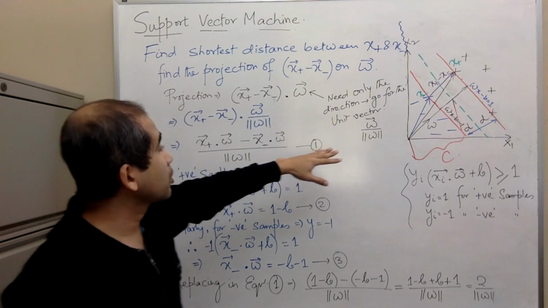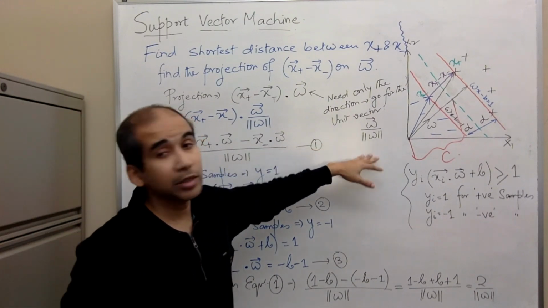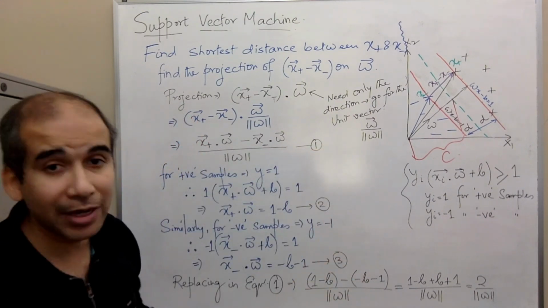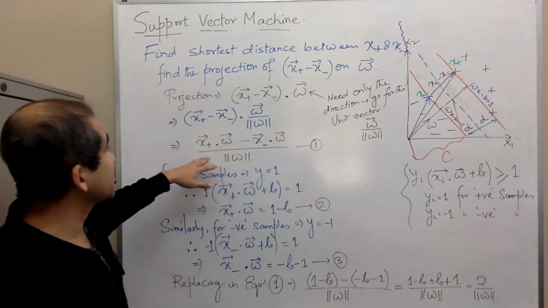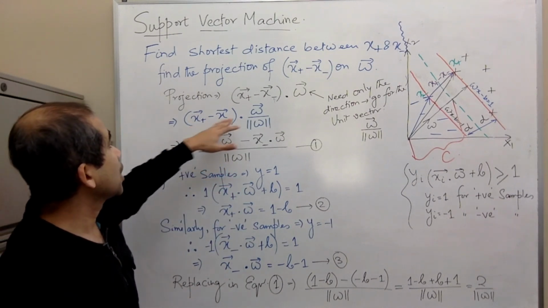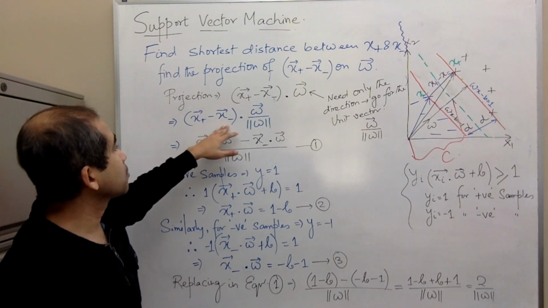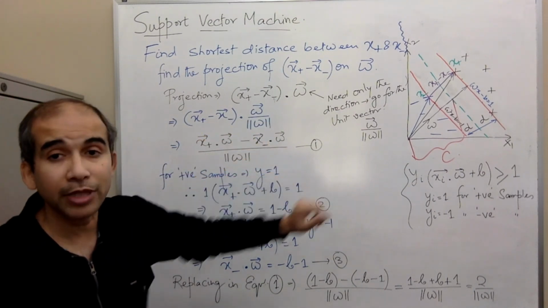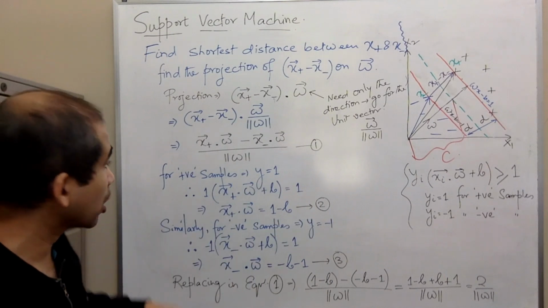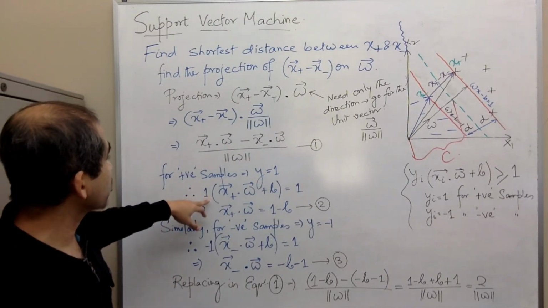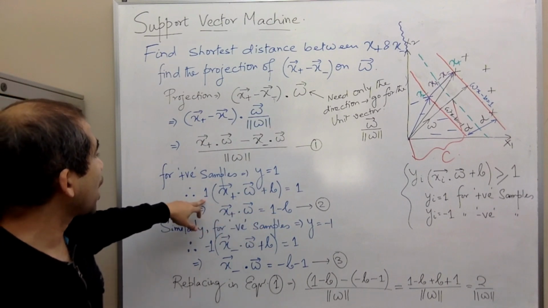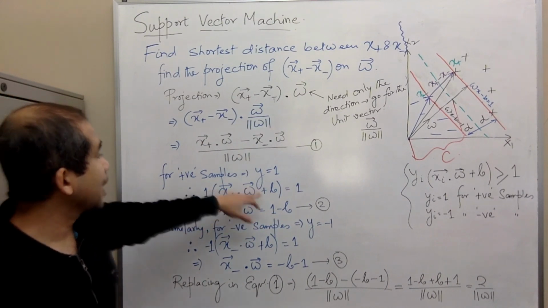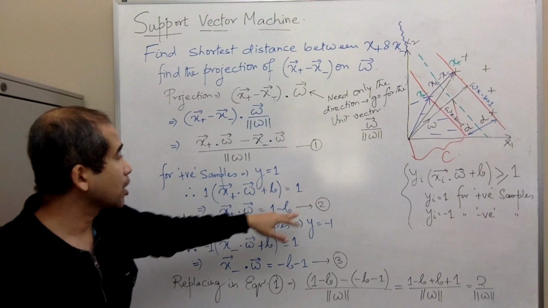So that's why you get the direction by dividing the vector by its magnitude. Now this becomes simple algebra: x plus times w prime and x minus times w prime. For a positive sample, from the decision rule, we put y equal to 1 and calculate, and equal to 1 on this side.